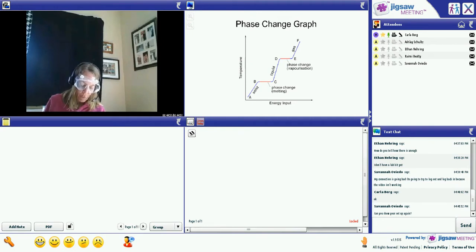Now you are going to slowly add boiling water to the beaker, stirring it constantly. And when your sample turns clear again, that is the melting point. Okay, so go ahead and do that.